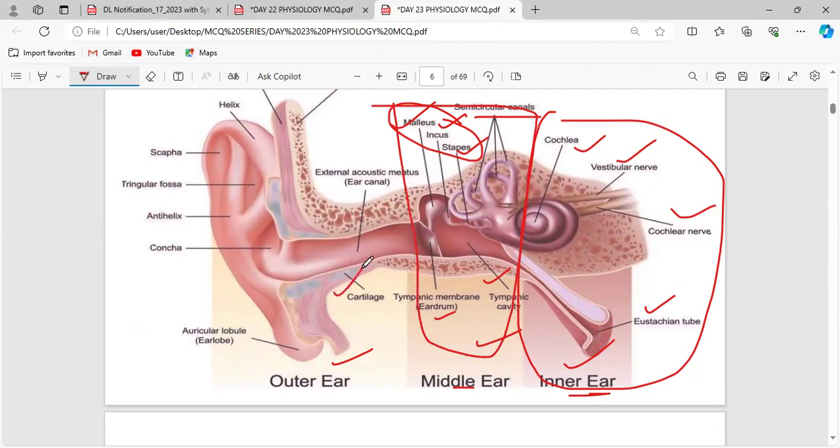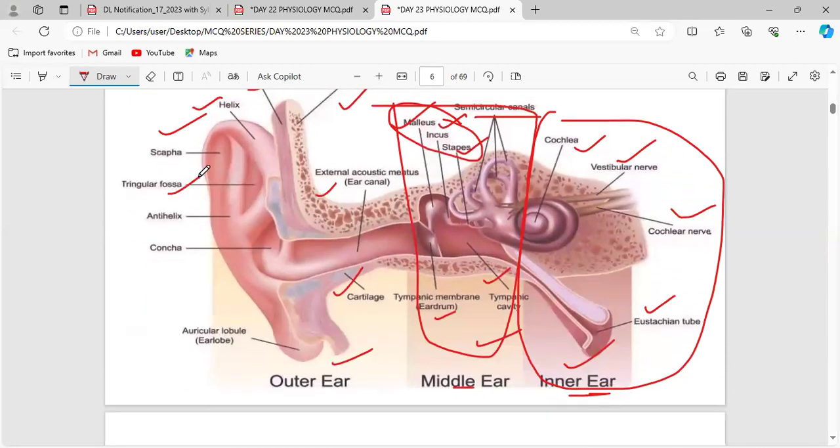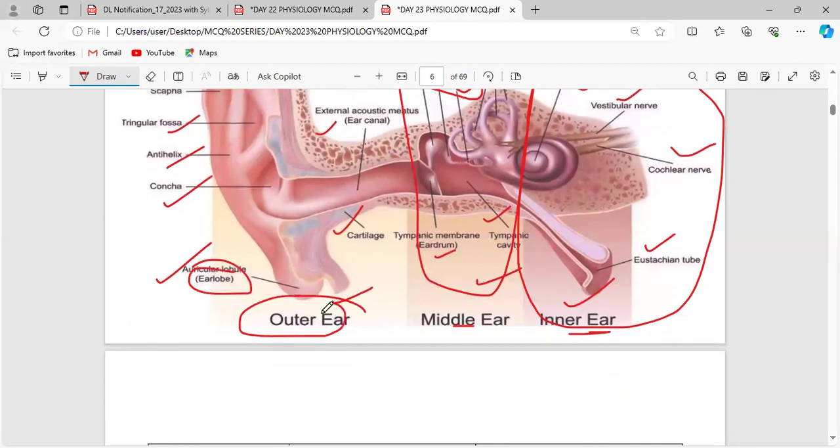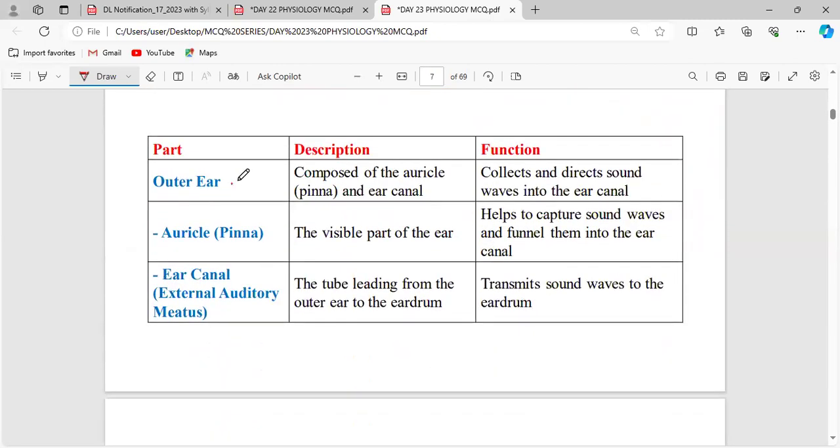Now cartilage, external acoustic meatus, temporal bone, temporal muscle, helix, scapha, triangular fossa, antihelix, concha, and auricular lobe, which we call the ear lobe. These are the structures present in the outer ear. If you segregate like this, it will be very easy to remember all these things.